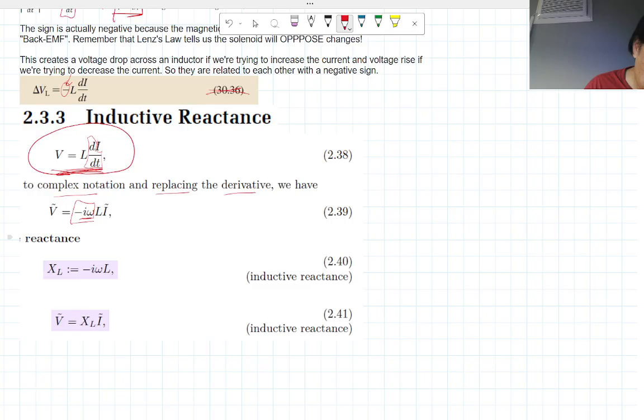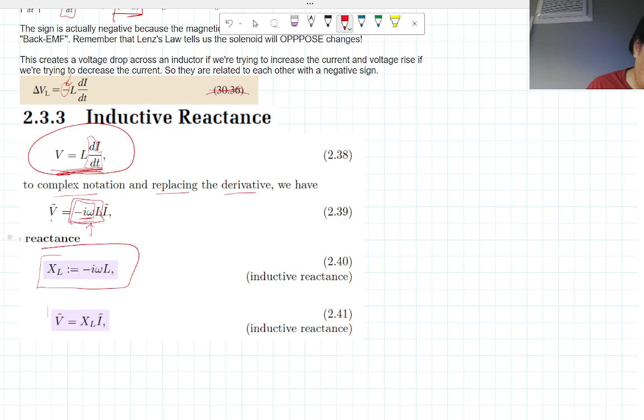Okay, so now, if we want to find, this looks like something: voltage equal to something times current, and that something is going to be our inductive reactance for the inductor.